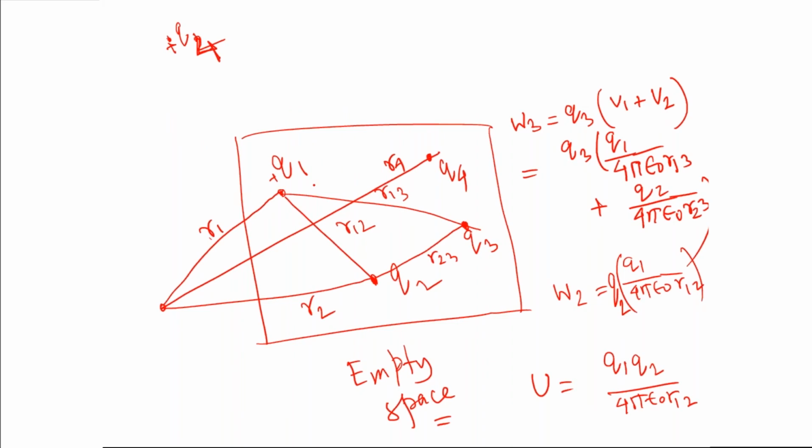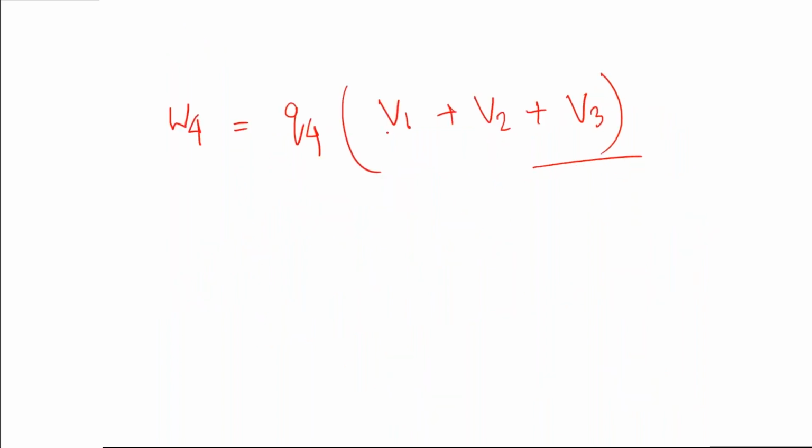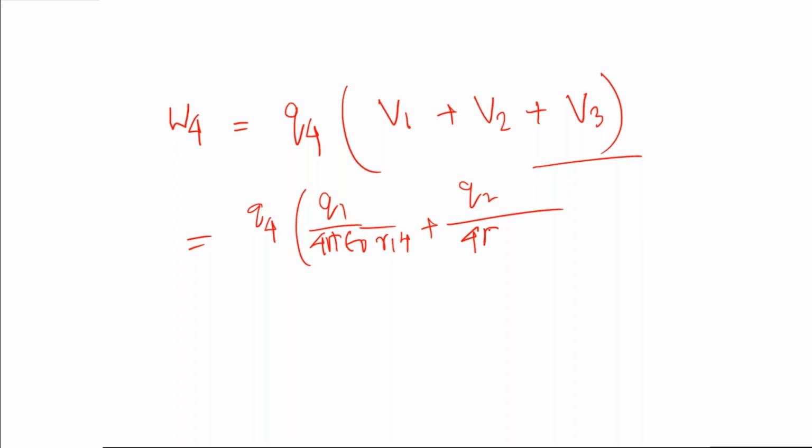So look here, I have to write Q4, then Q1 by 4 pi epsilon naught R14 plus Q2 by 4 pi epsilon naught R24, and this will be Q3 by 4 pi epsilon naught R34. Okay. So this is W4.